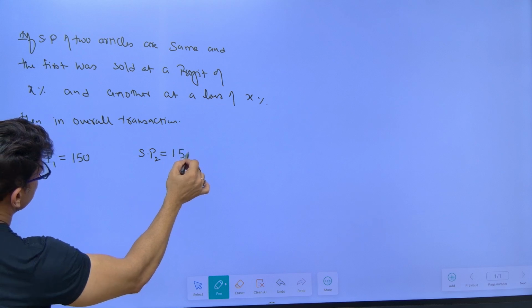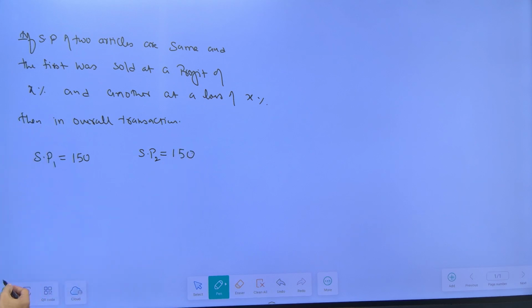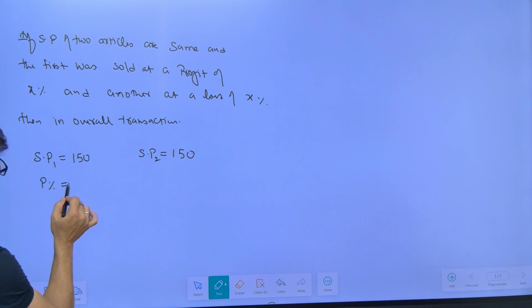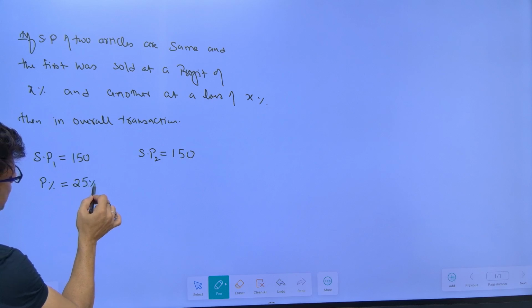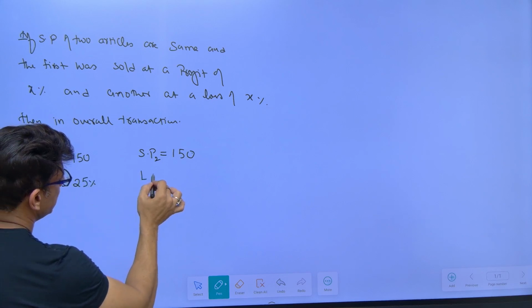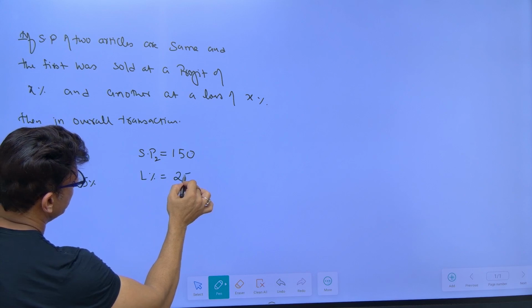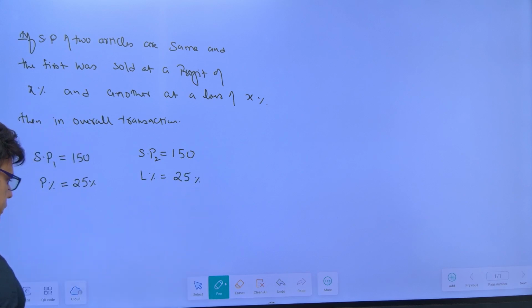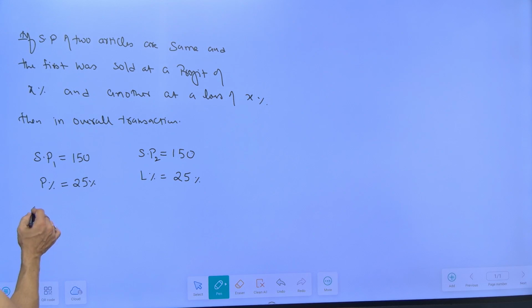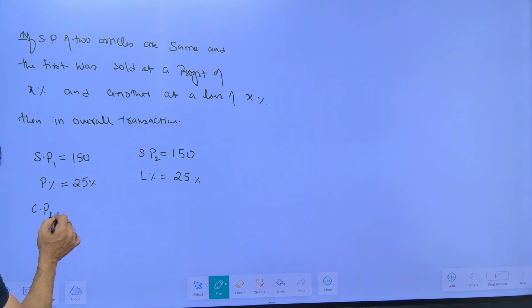Selling price of two articles is, let's say, 150. On first, you made a profit of, let's say, 25%. And second, we made a loss of 25%. In the overall transaction, will there be a profit, loss or no profit, no loss? First, we have to find out the cost price. So what will be the cost price in this case? Let's try to understand.